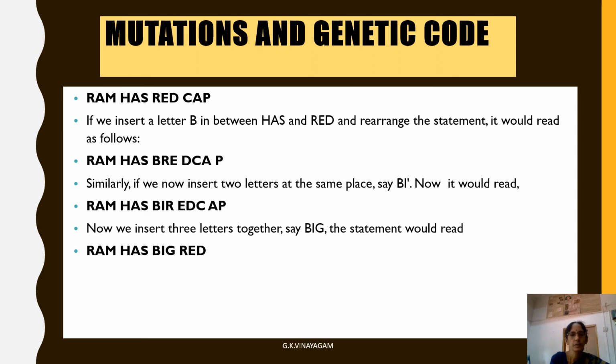Ram has a red cap. Try to understand, every word consists of how many letters? 3 letters. So here every letter is equivalent to a nitrogenous base. So Ram is a genetic codon, Has is another codon, Red is a third codon, Cap is a fourth codon.